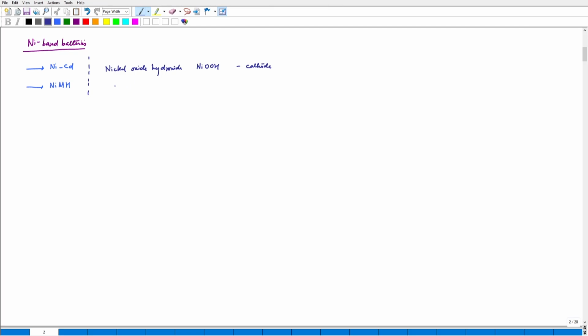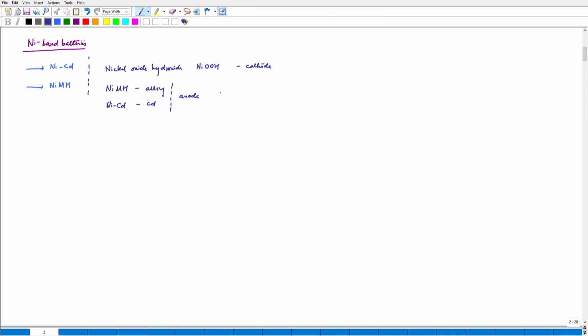So when we are looking at NiMH, we have an alloy, and this alloy is actually basically an intermetallic compound. And when we look at nickel cadmium, we have cadmium, and this is basically the anode. So a fixed cathode material, whereas variation in the anode material can give us different categories of nickel based batteries.